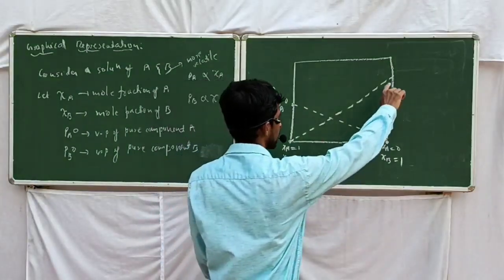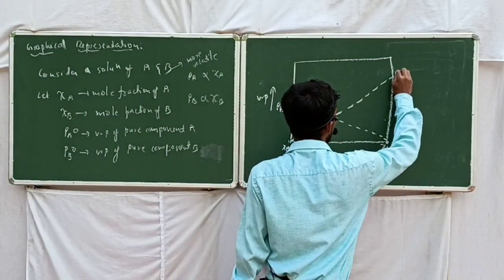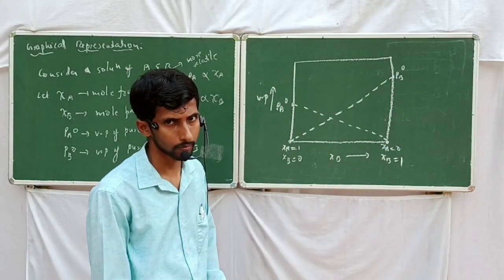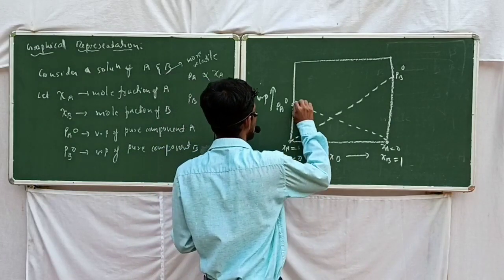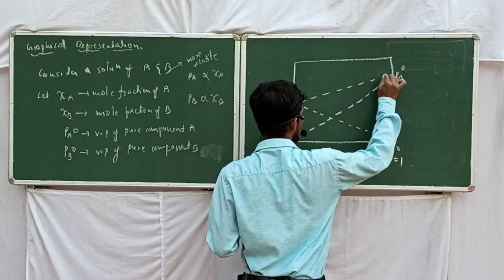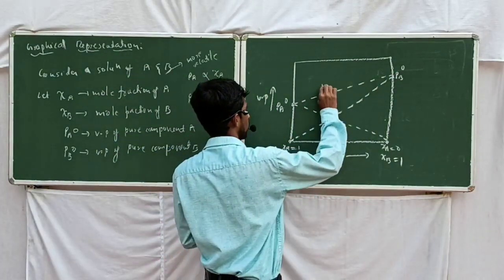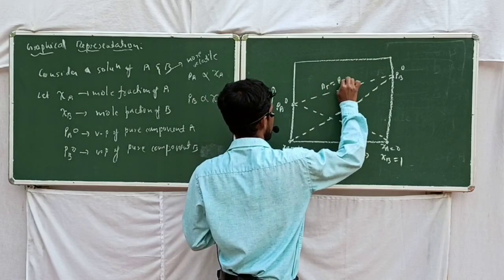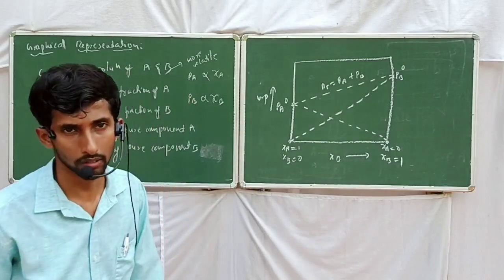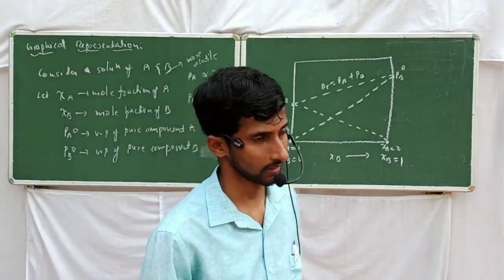At this point we have only B, that is pure component B. Vapor pressure corresponding to that point is Pb naught. If you join these two points, Pa naught and Pb naught, that gives the vapor pressure of the solution, P total equal to Pa plus Pb, according to Raoult's law. So that is the graphical representation of ideal solutions.